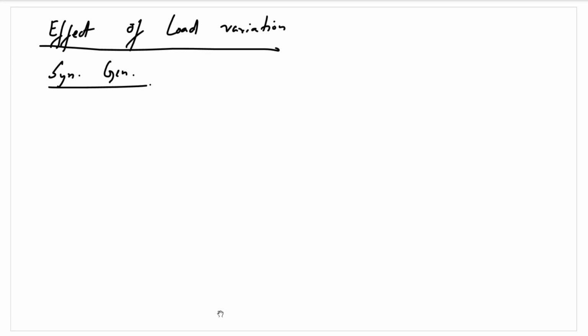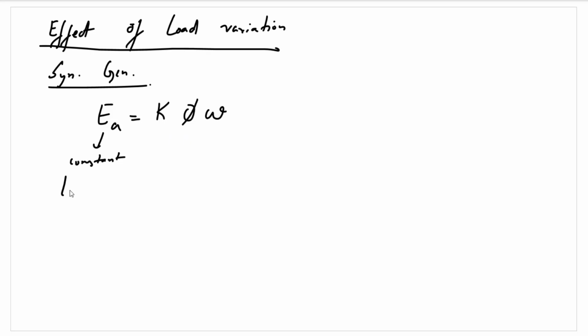Irrespective of whatever electrical load we put on the synchronous generator, its speed will not be directly affected. So the generated voltage EA, which is proportional to phi and omega, that is flux and speed, will remain more or less constant.